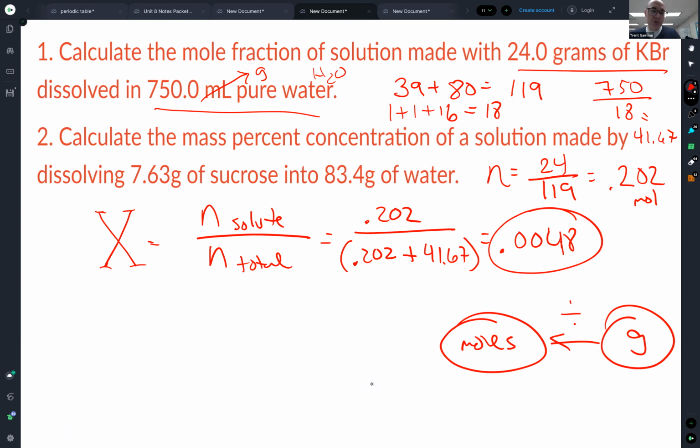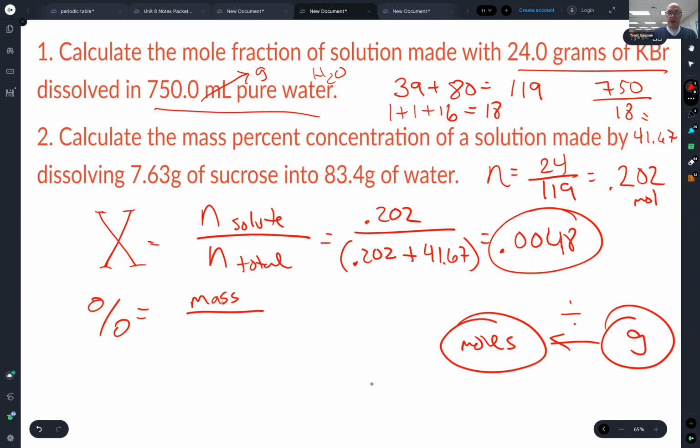All right, number 2, 7.63 grams of sucrose into 83.4 grams of water. What is the mass percent? So the mass percent has no symbol for it. So we'll just do this percentage, but this time it's just mass over mass total. So we can do the exact same process, but this time we don't have to convert into moles.